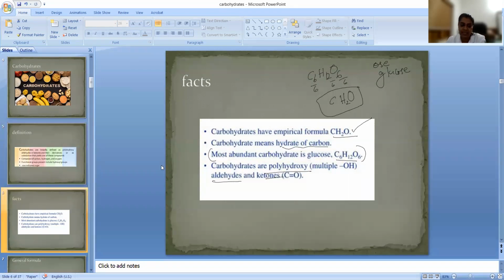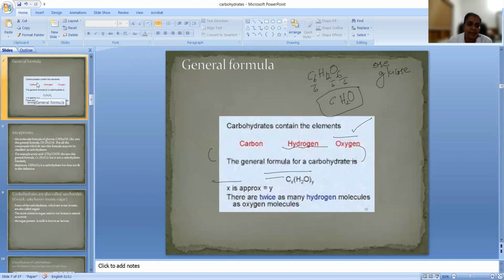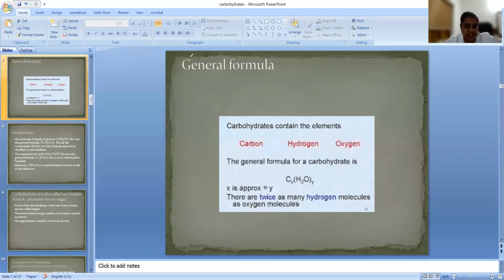Now let us see some exceptional cases of the general formula of carbohydrates. What is the general formula of carbohydrate? The general formula of carbohydrate is CxH2Oy.